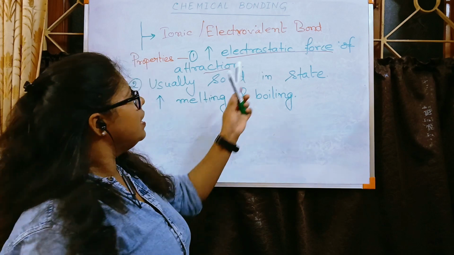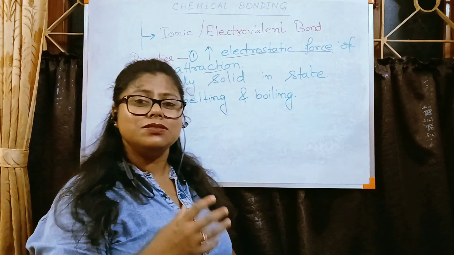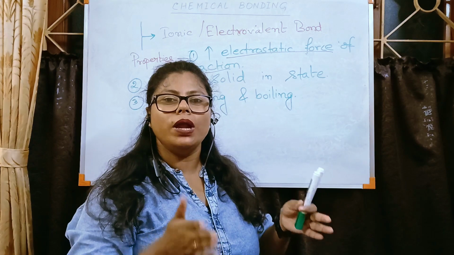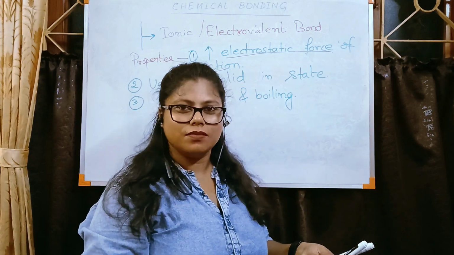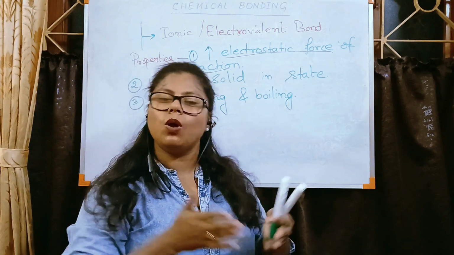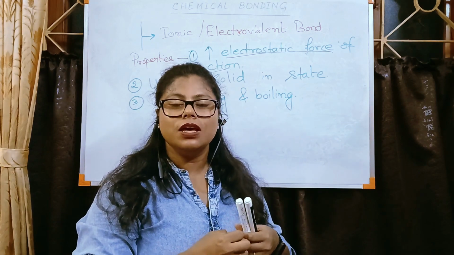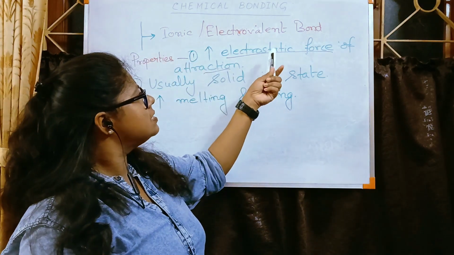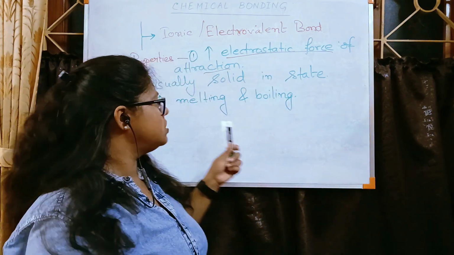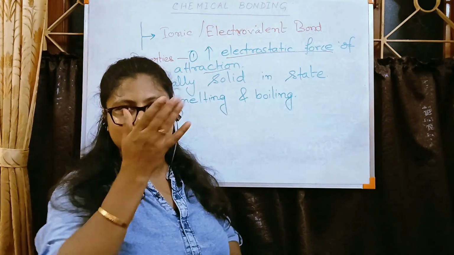So if the electrostatic force of attraction is very much high, then it needs more and more energy to break the bond and change the state, isn't it? For changing from solid to liquid, we should increase the intermolecular space, we should break the intermolecular force of attraction. So as this force is more, we need more energy to break it, and that's the reason why the melting point and boiling point is high.